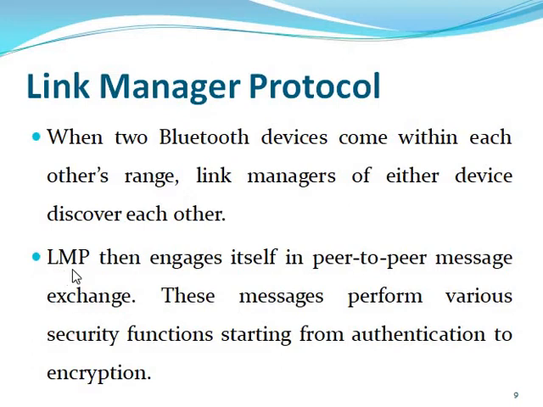Also, LMP engages in peer-to-peer message exchange. These messages perform various security functions, starting from authentication and encryption. You can connect one Bluetooth device to another using Bluetooth. At that time the connection is a peer-to-peer connection. So we can also provide authentication and encryption.